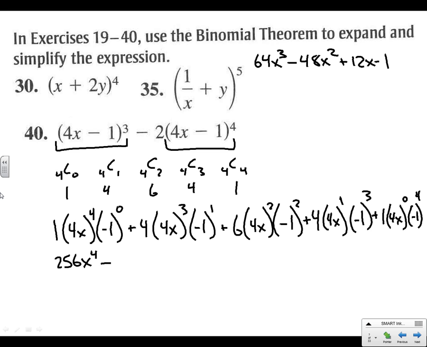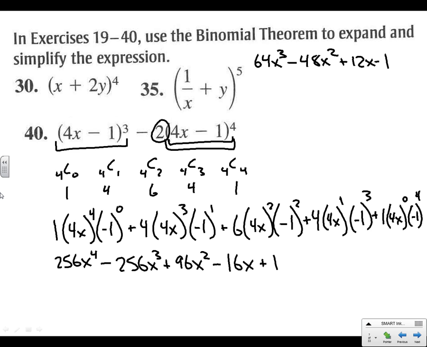Just make sure that I'm doing that right. 4 cubed is 64 times 4 is, yes, 256. x to the 3rd plus 4 squared is 16 times 6 is 96, x squared, and 4 times 4 is 16. We're going to be a minus at this point. And at the end, we're going to say plus 1. All right. That was this part here, which we just figured out.